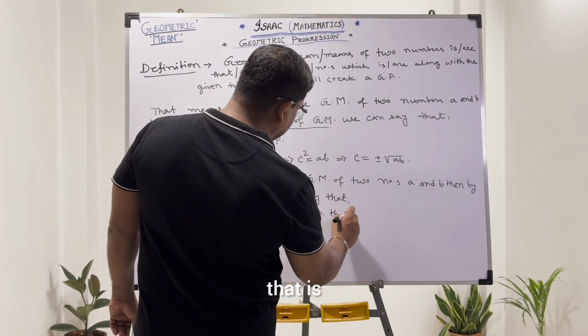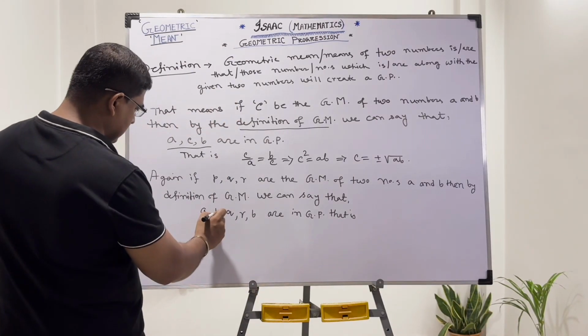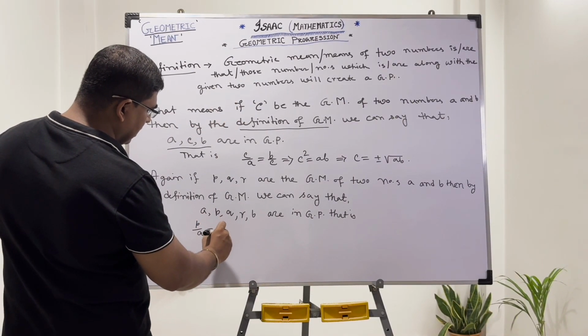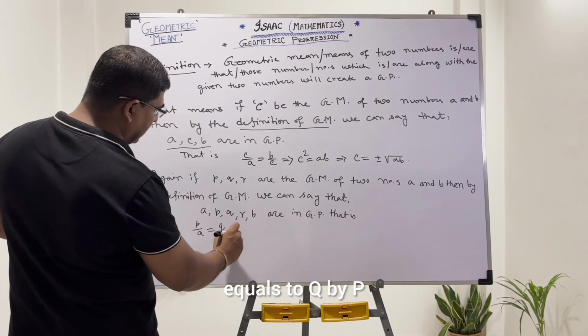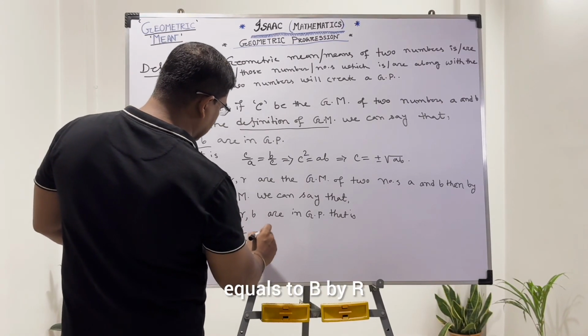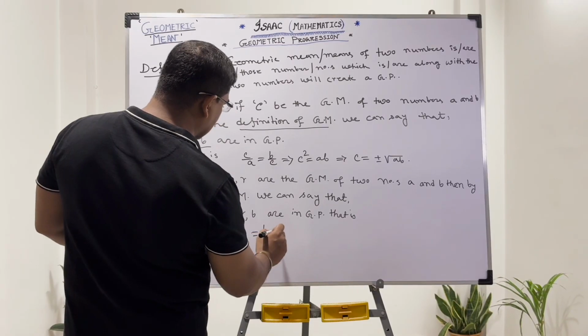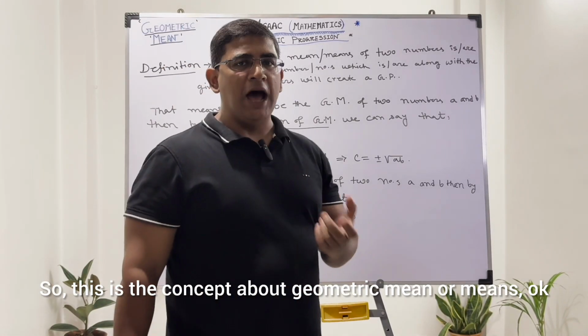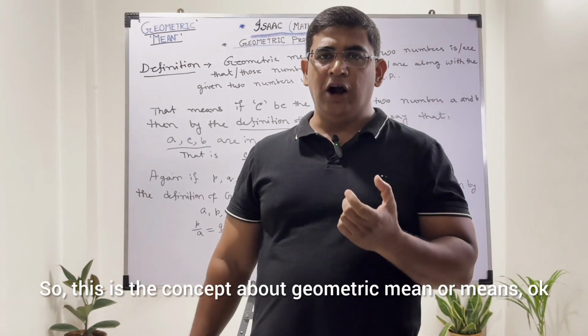That is P by A equals to Q by P equals to R by Q equals to B by R. Okay. So this is the concept about geometric mean or means.